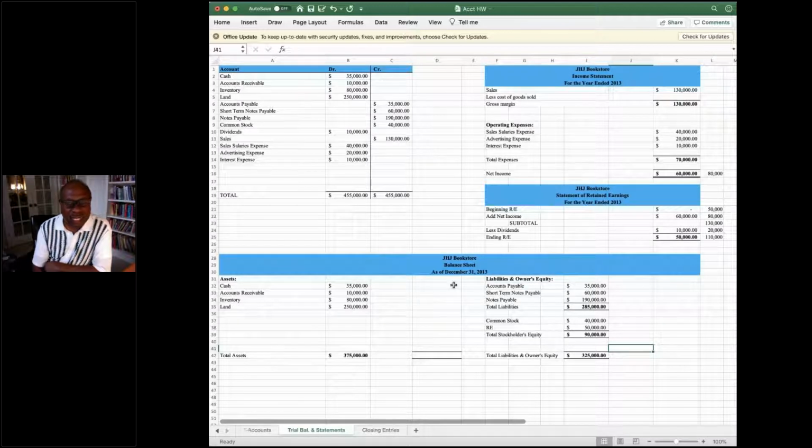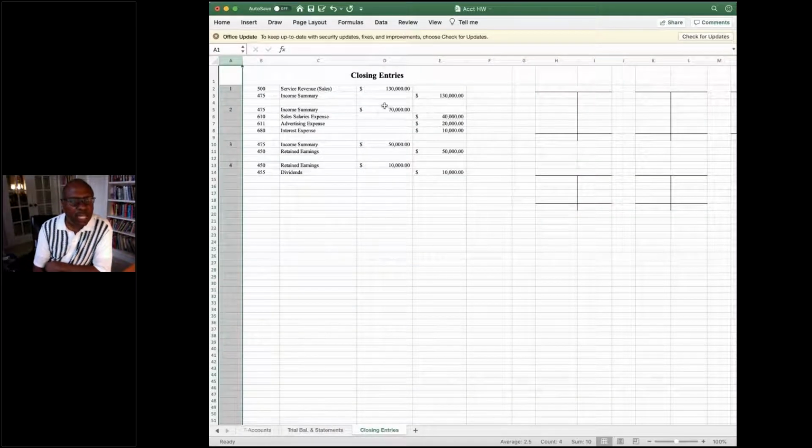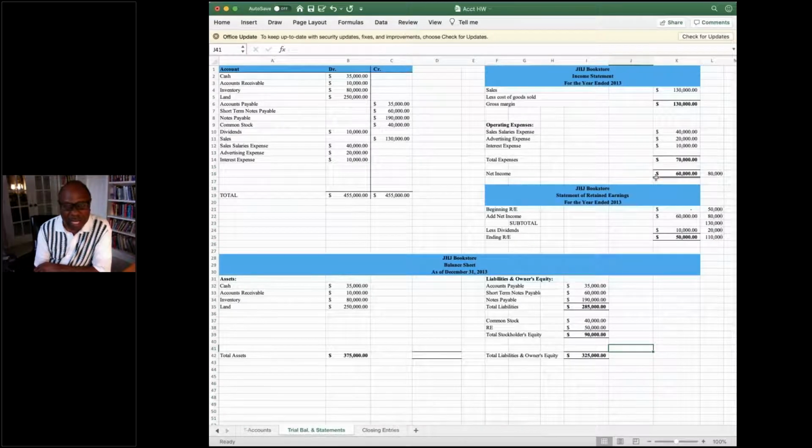Then in the next one, I expect to see those 70,000 in expenses closed out. So we debit income summary, credit expenses. And what's in this third closing entry? The net income is always in the third closing entry.